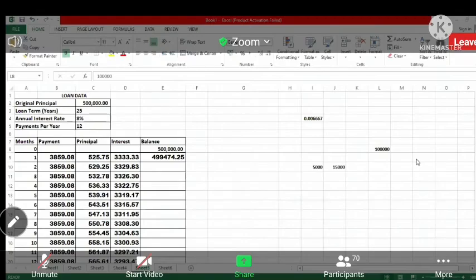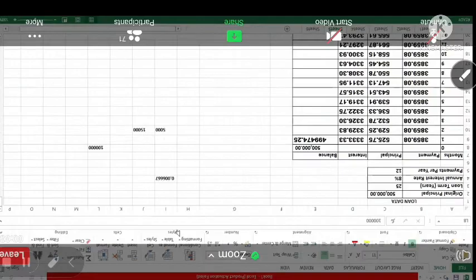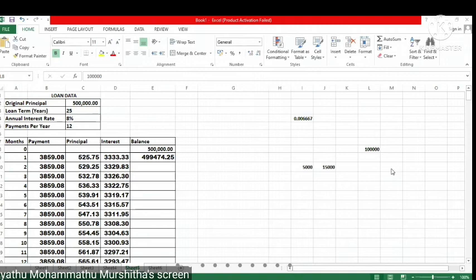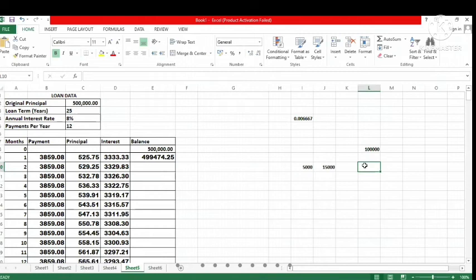So what is the principal amount I paid here? What is the balancing loan I have to pay to the person? Can I say 85,000? No, ma'am. 5,000 is interest. So what is the principal amount remaining? I have to pay him 90,000. Very good. So here I have to pay 90,000 because this 15,000 includes interest.